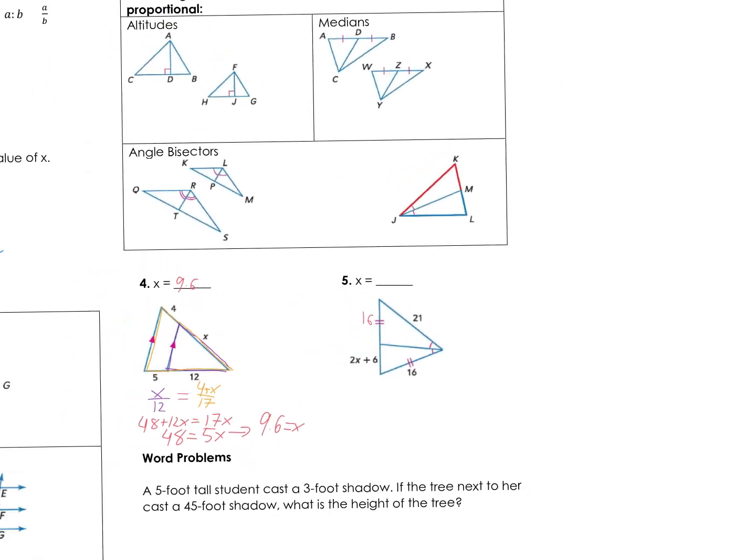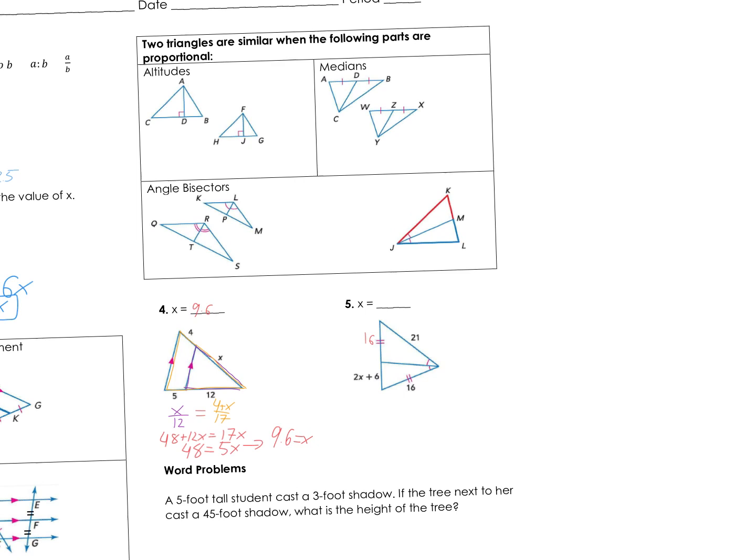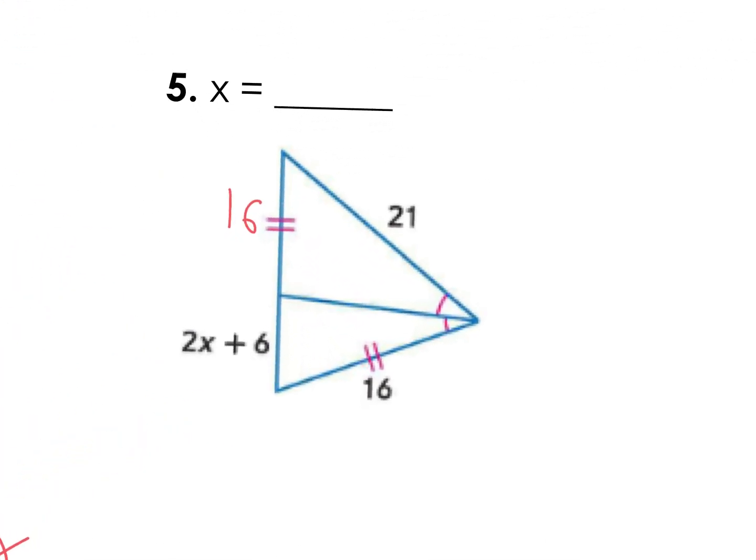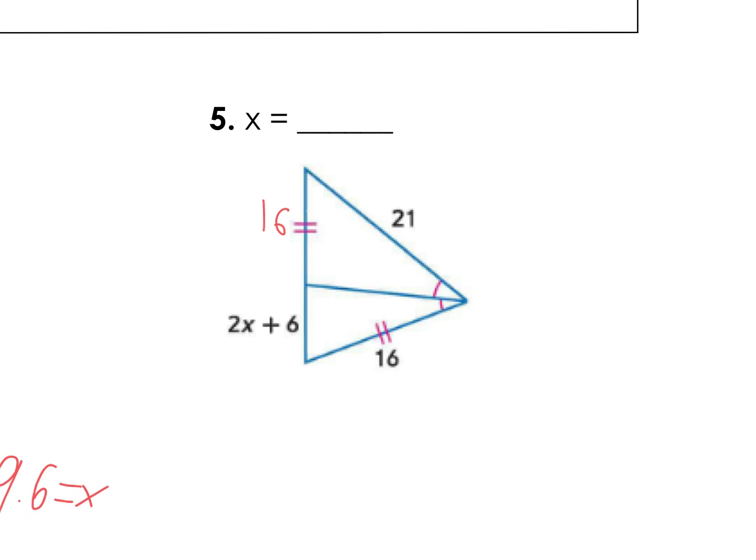We know that I have angle bisectors, meaning that this triangle is similar to that triangle, which then means I can make a ratio such that 16 over 21 must be equal to (2x plus 6) over 16. Basically, I'm looking at the sides that are opposite the bisected angles to determine my order.